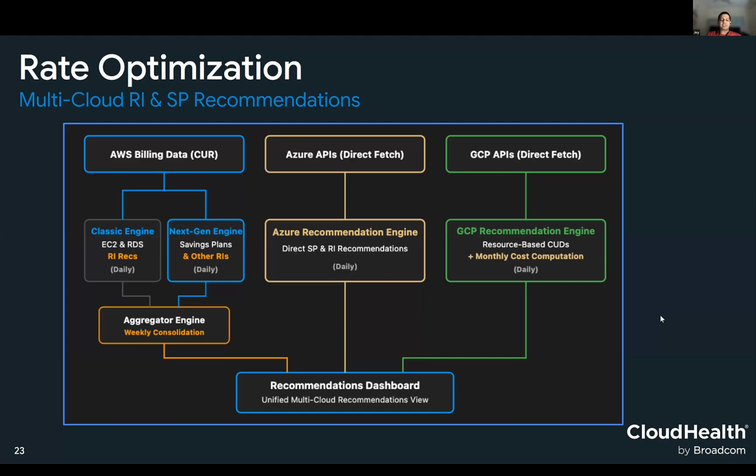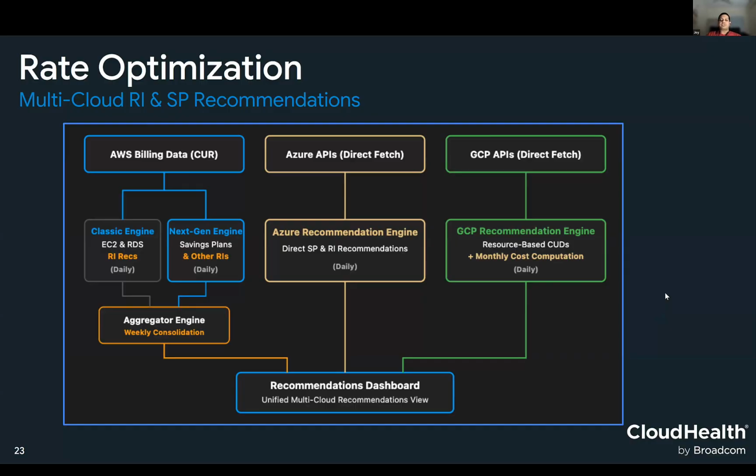The classic engine processes the billing data into multi-dimensional cubes to generate daily EC2 and RDS RI recommendations. The NG engine, on the other hand, utilizes Spark to generate several intermediate artifacts for usage and commitments, and then the savings plan and other RI recommendations, apart from EC2 and RDS RI recommendations.